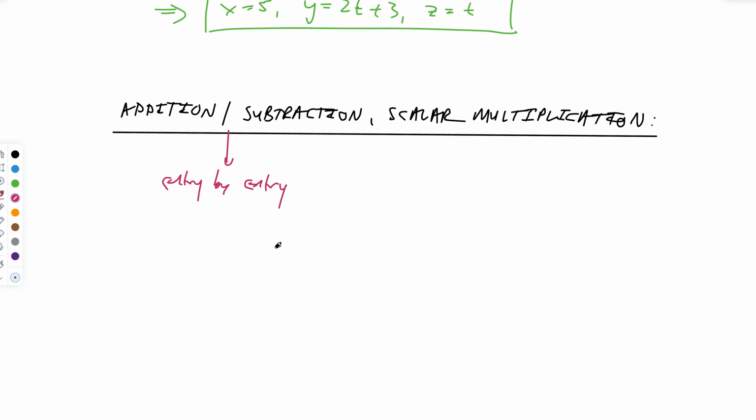If you want to do scalar multiplication, you just multiply every entry by that value.